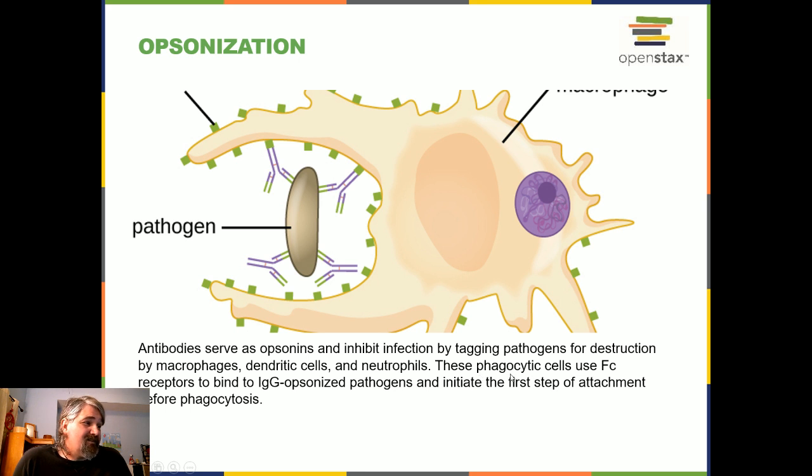These phagocytic cells use the Fc receptors to bind to the Ig-opsonized pathogen and initiate the first step of attachment before phagocytosis. So the Fc region, right? The macrophage has cell surface receptors to recognize the antibody, and then whatever it is coating can get destroyed. So it's tagged for destruction.